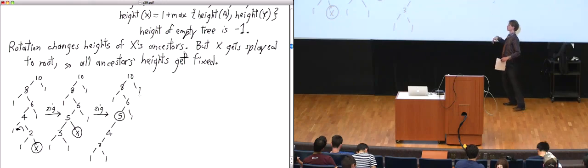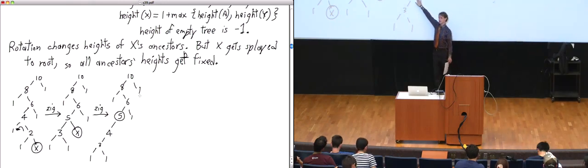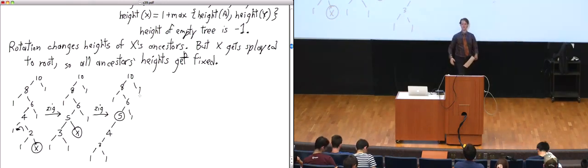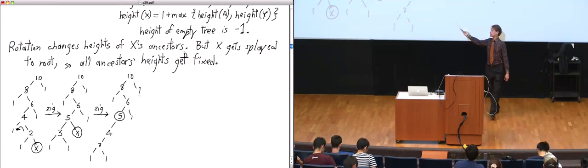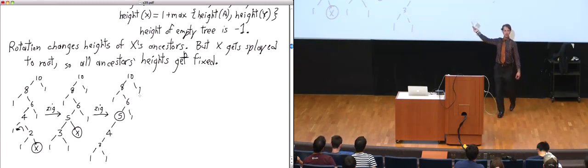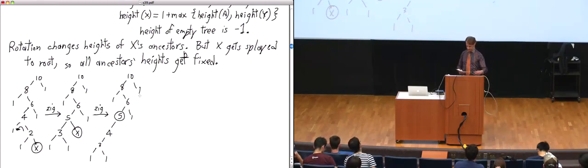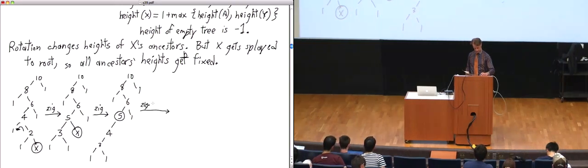When you do this rotation, the size fields here and here get updated correctly. And now the new key that we're inserting is a left child of a right child, so we're going to do the zig-zag rule. I'll do both steps at once here.